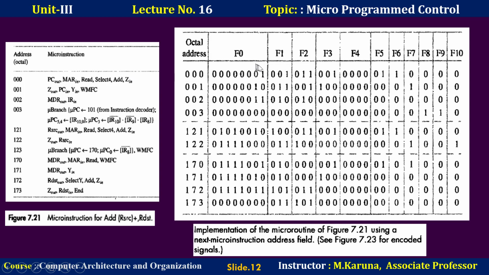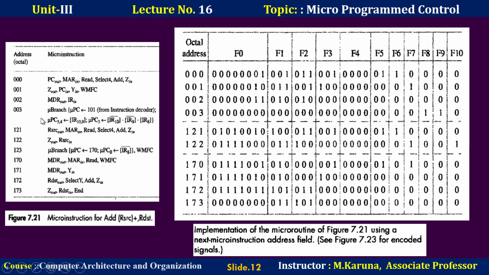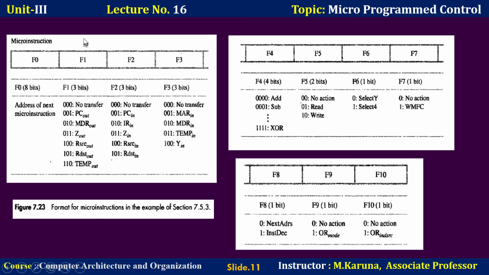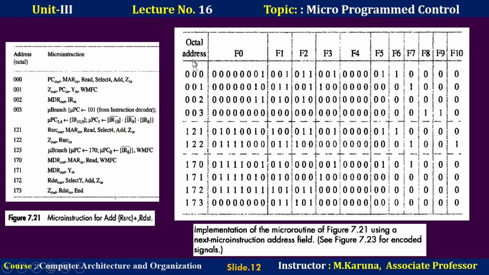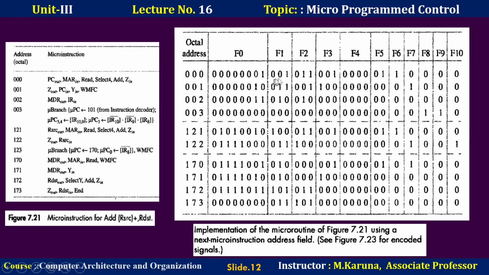If you observe, there are the F0 group, F1 group, F2 group. F0 specifies the address of the next micro instruction. F1 contains PC out, and PC out is assigned 001, so F1 contains 001.